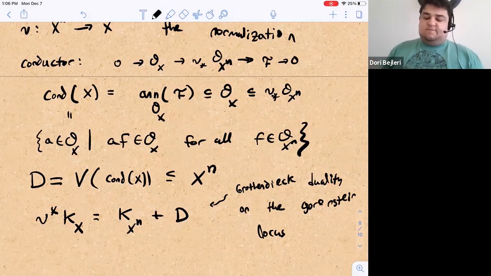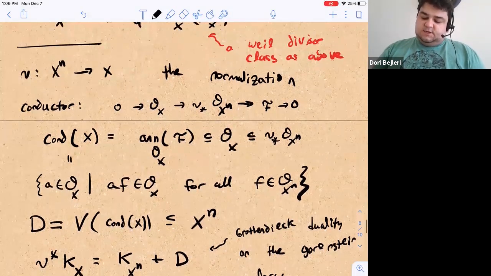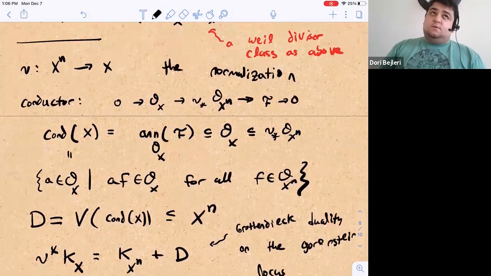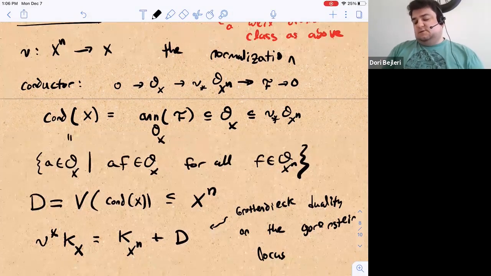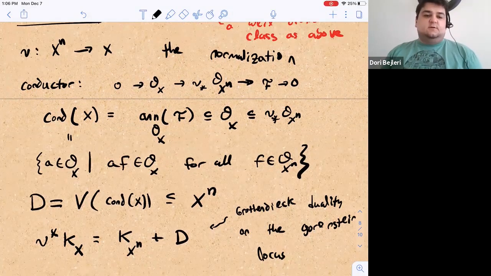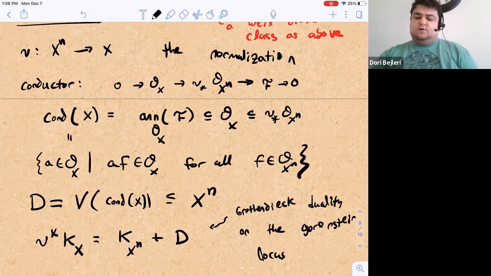And here maybe you have to be a little careful, because under these assumptions, it's possible, at least a priori, that D might have some components that are non-divisorial. So when I write this expression, I mean take the divisor part of D, throw out any codimension 2 parts.